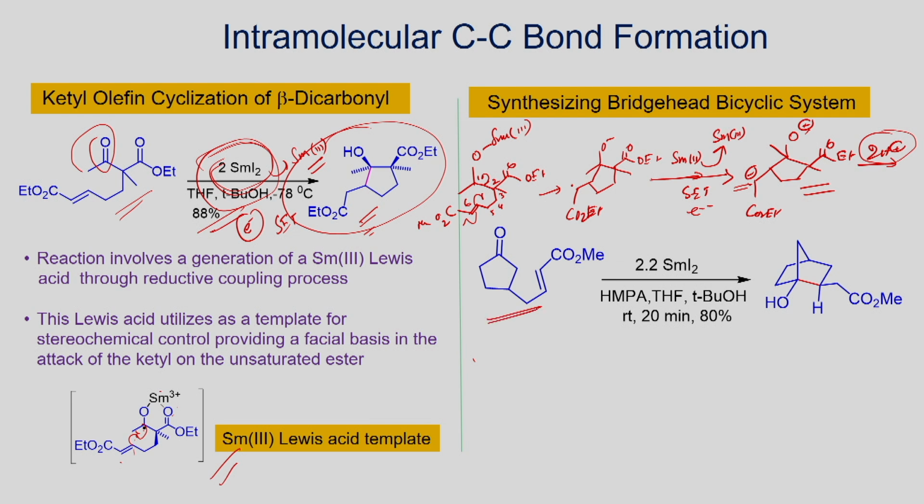Here is another example. Here also the intramolecular cyclization takes place. As we have just seen, samarium iodide can convert the carbonyl group into the radical anion by giving one electron.